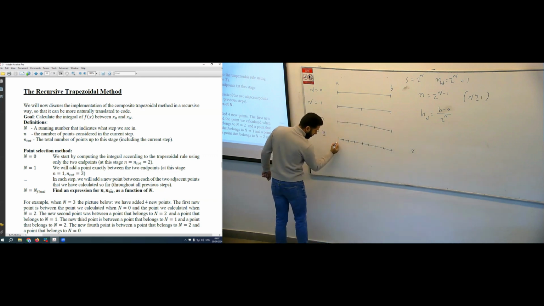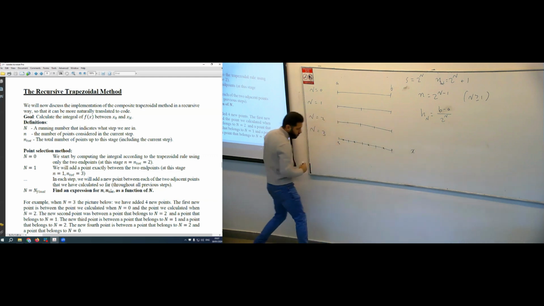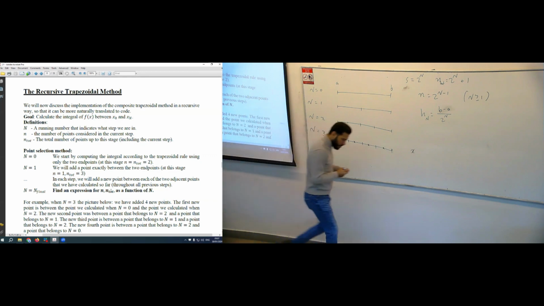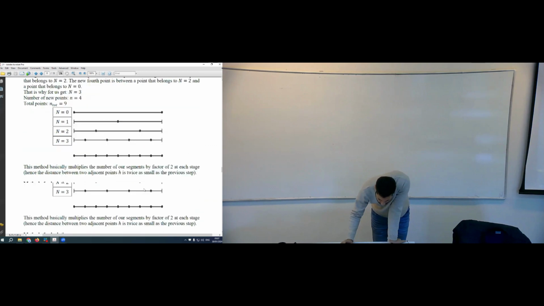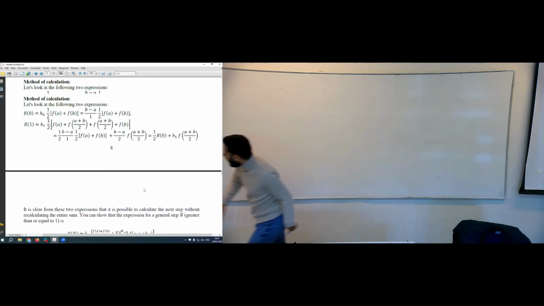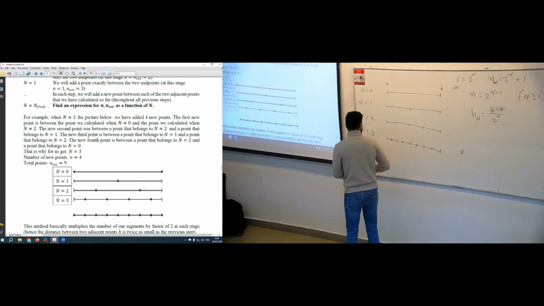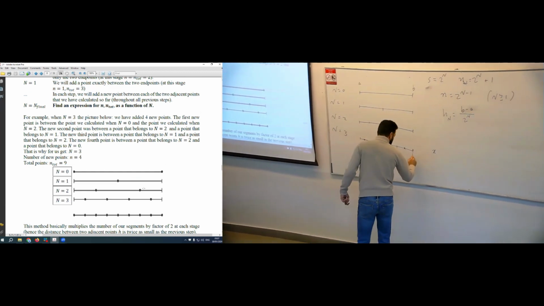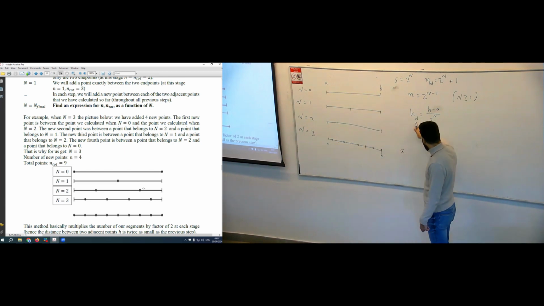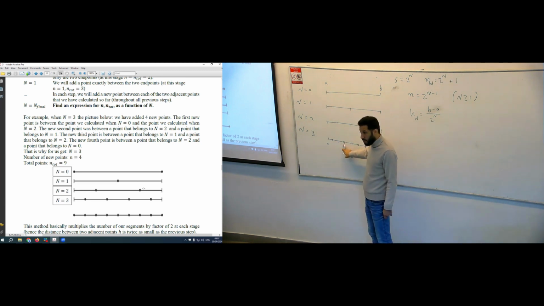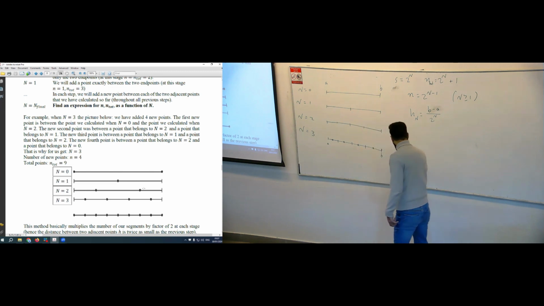How can you tell me what these points are? So which x's are these? If I have this to be x0. Let's see what's a and b. Okay, this is a, and this is b. So what is this point? It is a plus h n. That's it. Okay. And what's this point? 3. And this? 5.